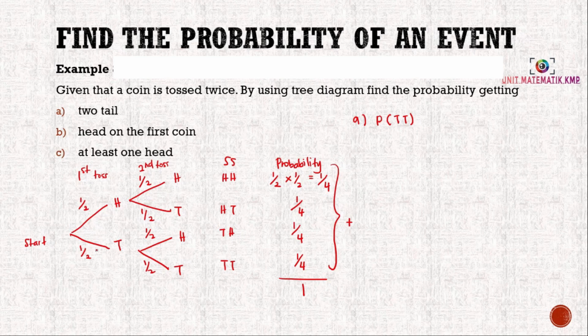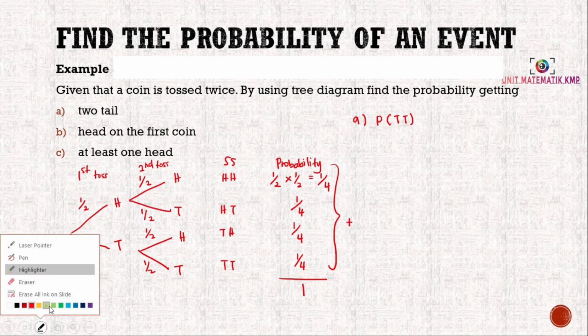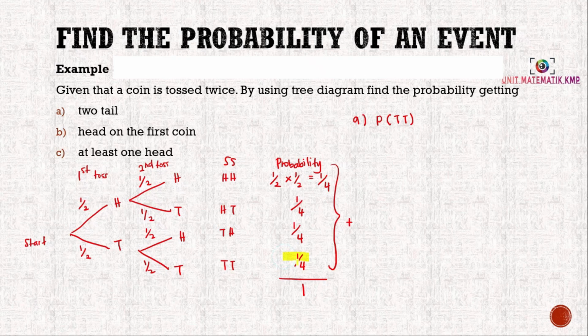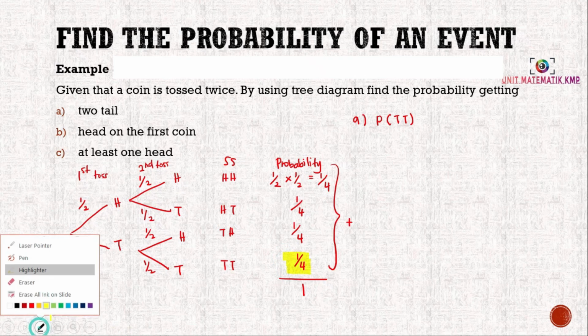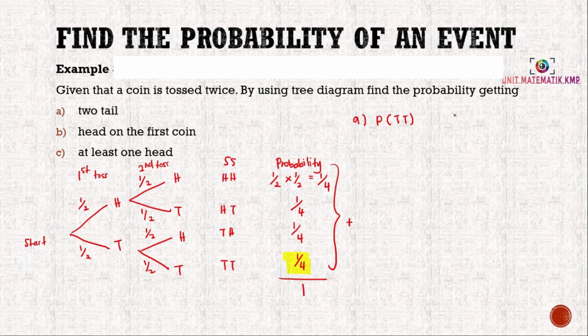So from the tree diagram, we can say that the probability is 1/4. So this is the probability of getting 2 tails. Okay, which is 1/2 times 1/2, 1/4. So we multiply along the branch.